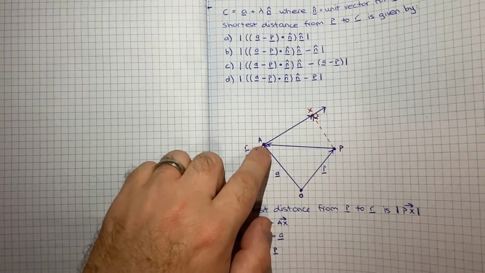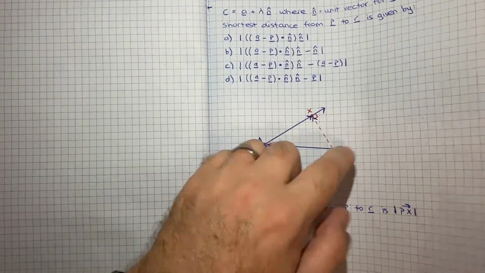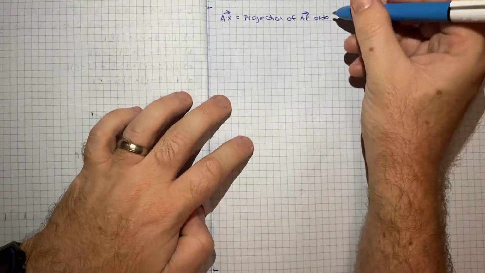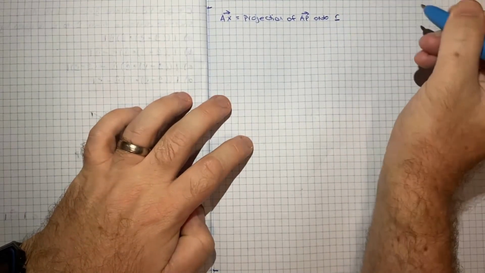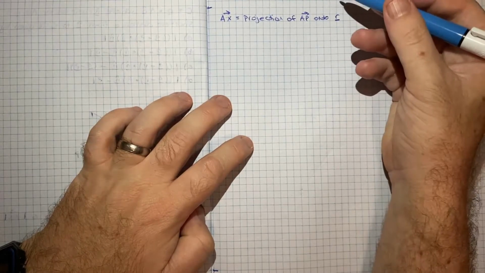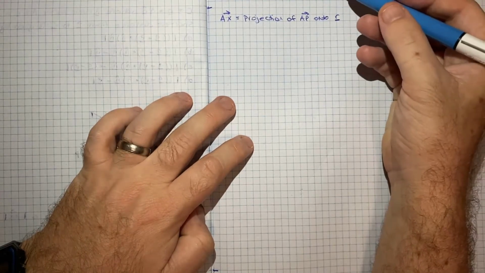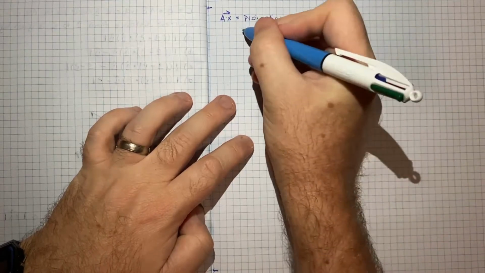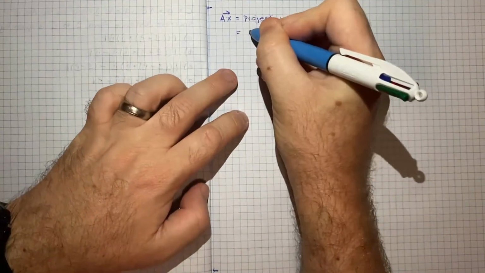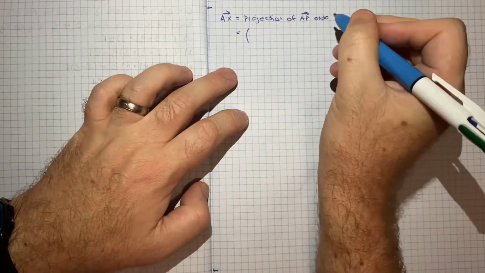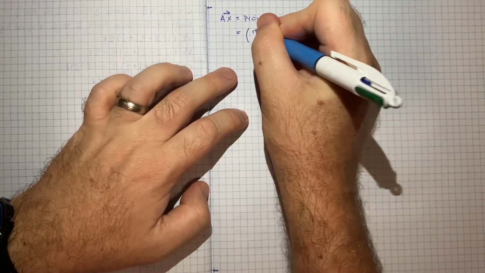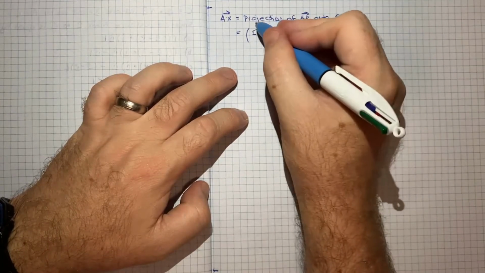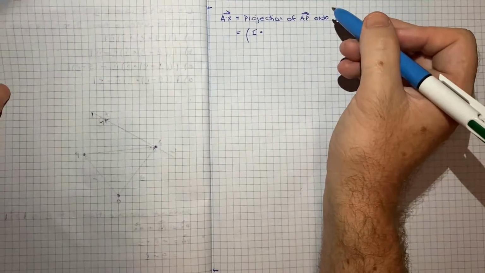It's this vector from A to P onto the line vector R. So in general, the rule for the projection of a vector onto another line vector is equal to, and I'll write in brackets, the dot product of the line vector and the vector that we're dealing with.